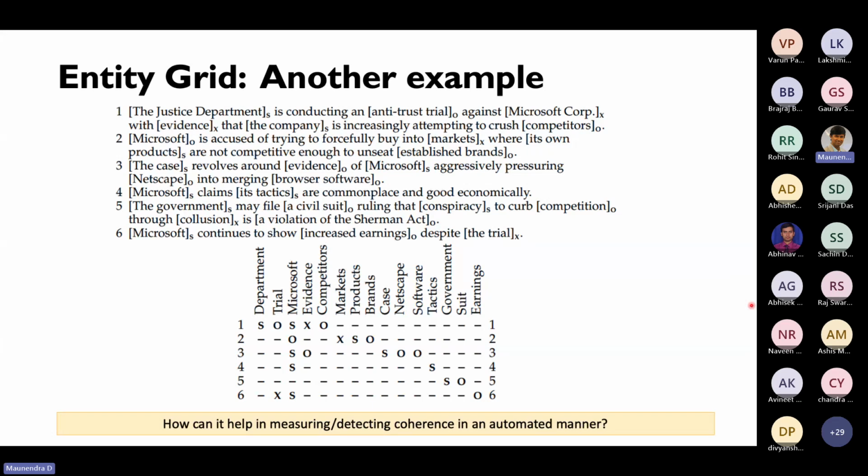It's a vector, not an embedding. We count for each different transition. There are 4 labels here: S, O, X, and the blank or hyphen. From any of the 4, it can go to any of the 4. Total 16 combinations are there. So we'll have a 16-dimensional vector.